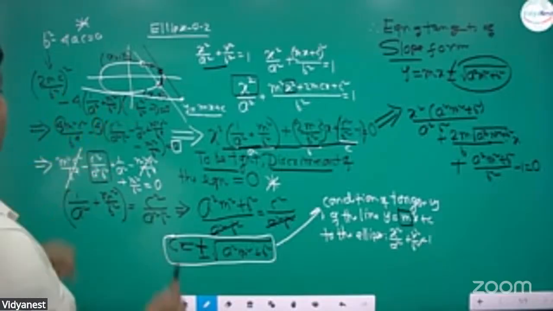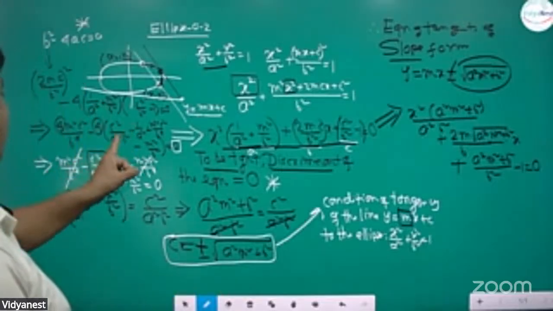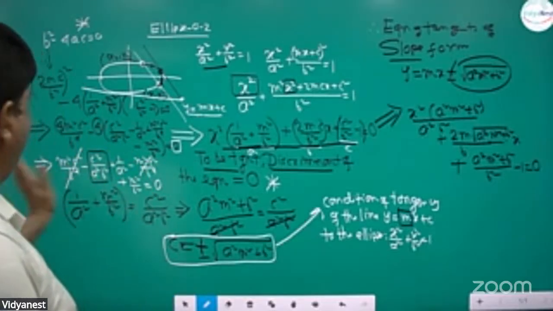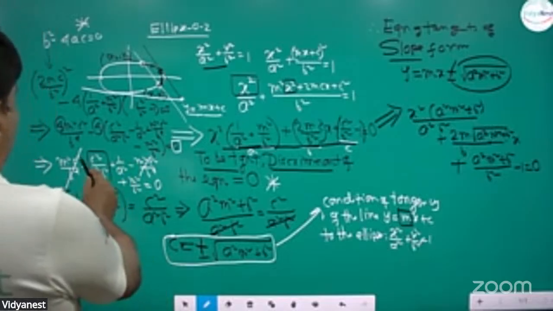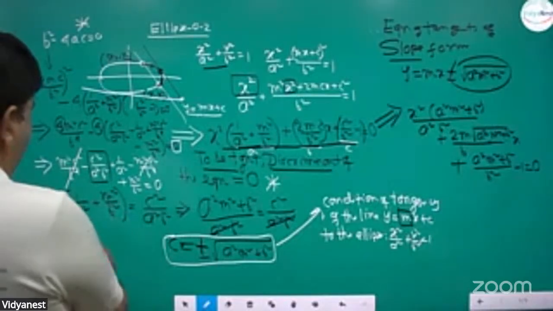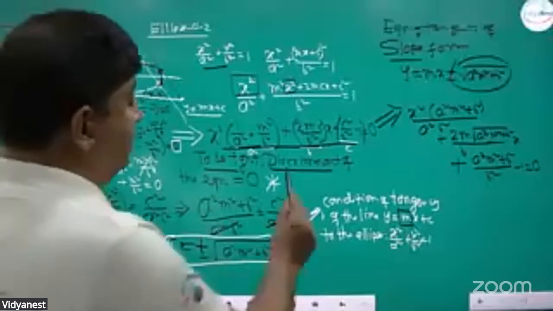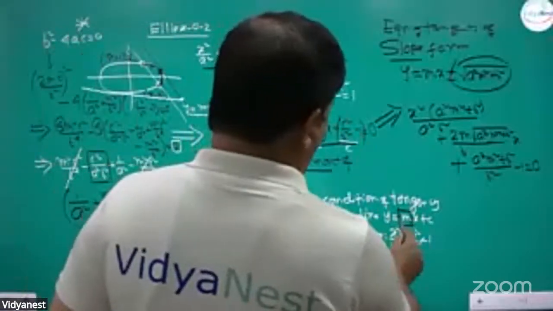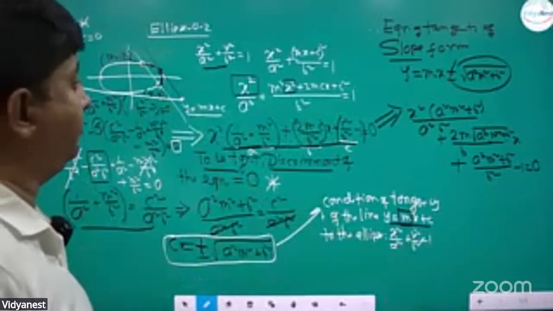You multiply, simple multiplication which you were taught in junior class. By multiplication, this 2 part will get cancelled, and this thing we have got. From here, C is equal to this. This is the condition of tangency of the line y is equal to mx plus c to the ellipse.